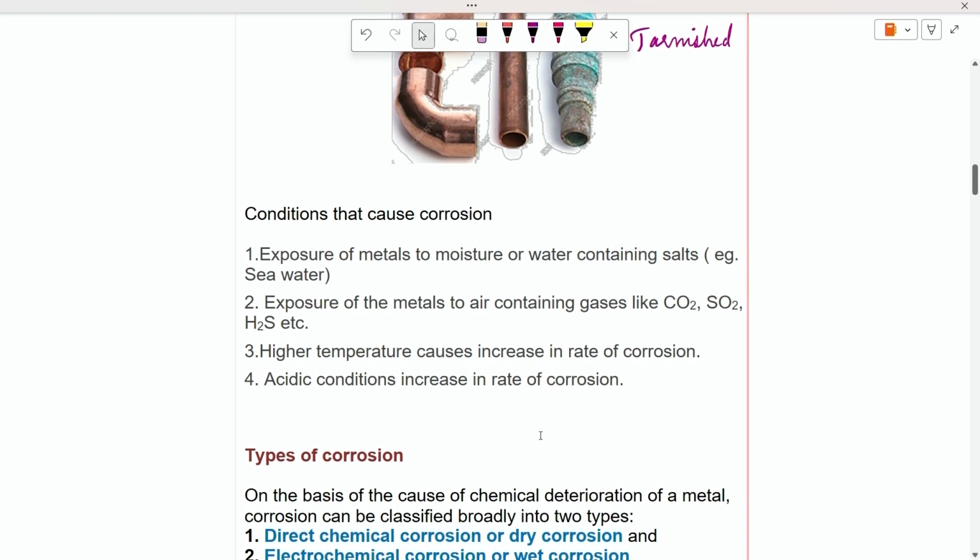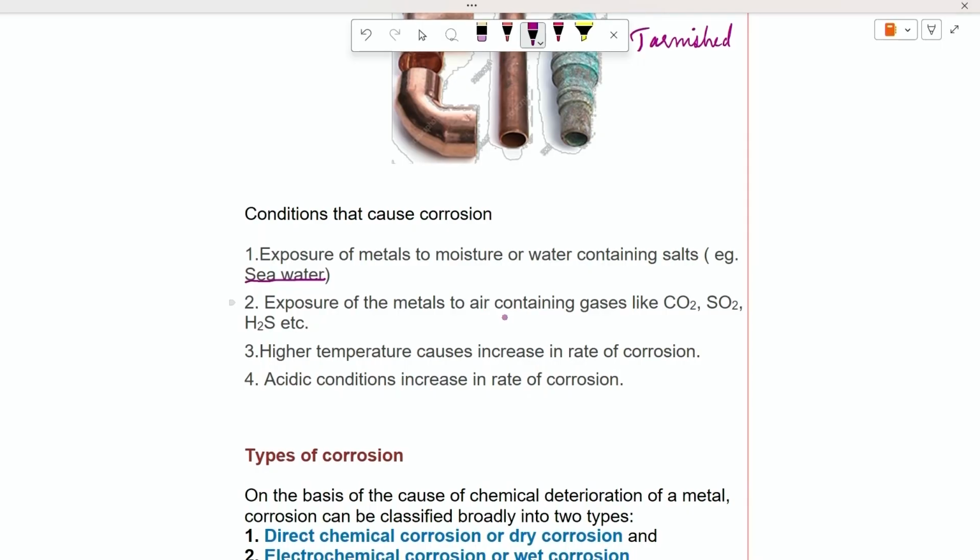Now, what are the conditions that cause corrosion? First is exposure of metal to moisture or water containing salts. It can be either moisture in the atmospheric air, or water containing salts. For example, the most corrosion occurs under seawater, because we know that seawater is a very good electrolyte.